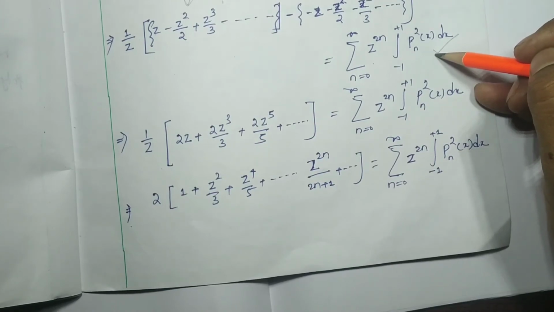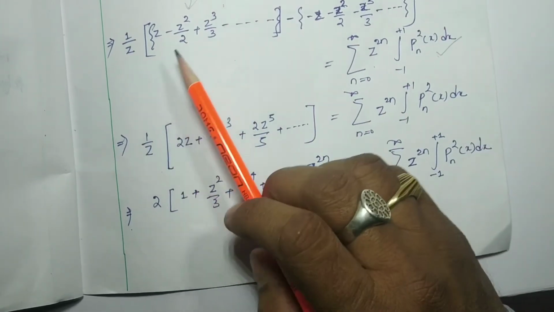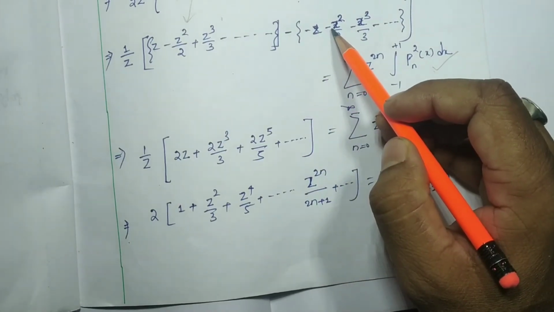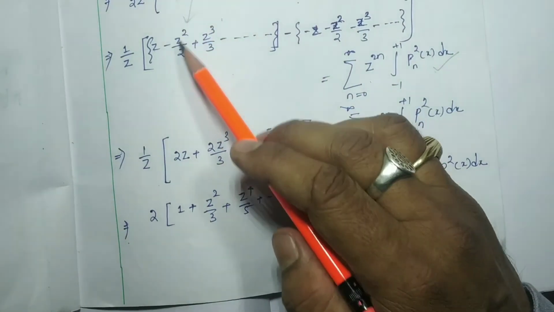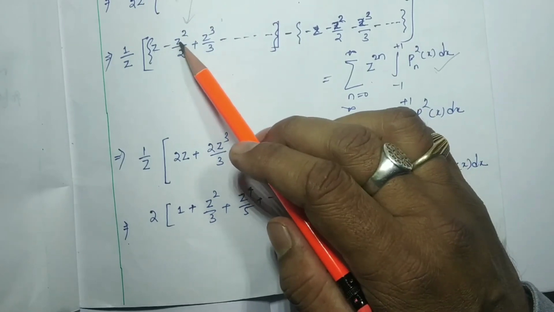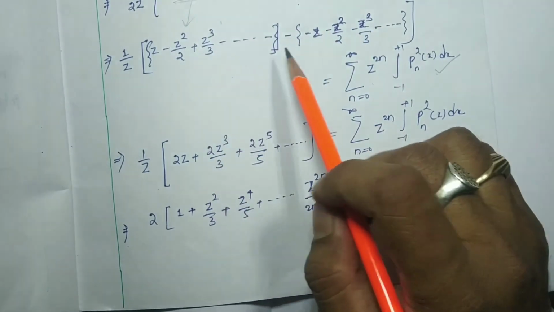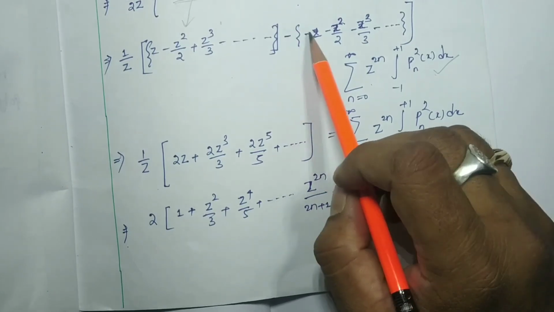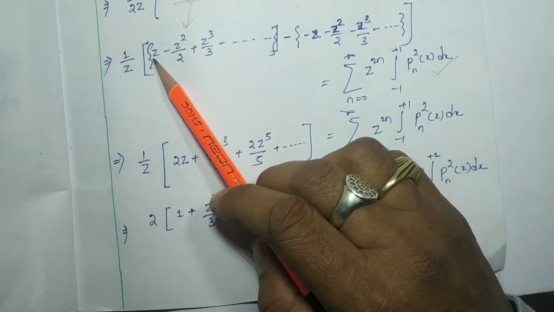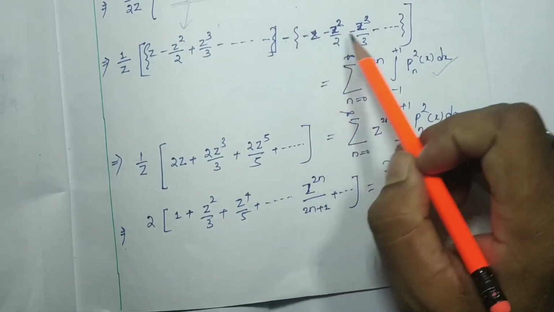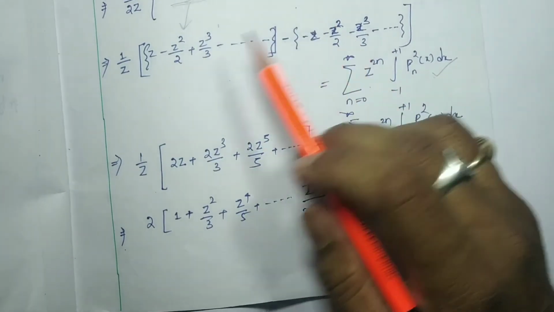Okay, now see here, minus minus will be plus. Here minus z square by 2 will get cancelled, that means even powers will be cancelled out. The odd powers, minus minus, it will be z plus z, it will be 2z. Here, minus minus z cube by 3 plus z cube by 3 gives 2z cube by 3.